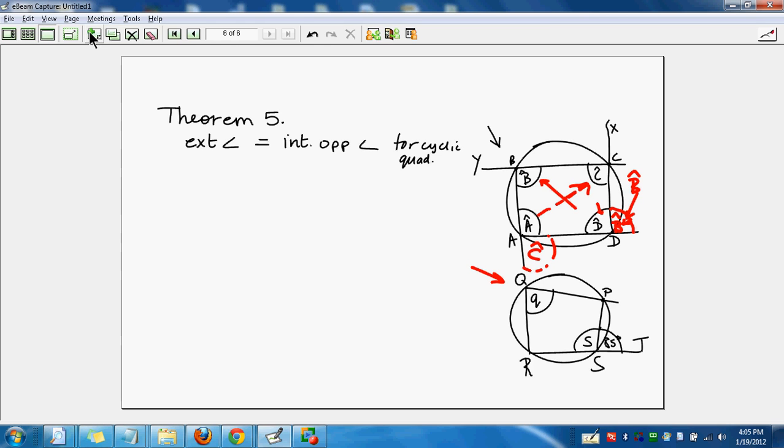Okay, so the question is: without measuring, find the magnitude of the unknown angles in the circle, stating reasons for your answers.